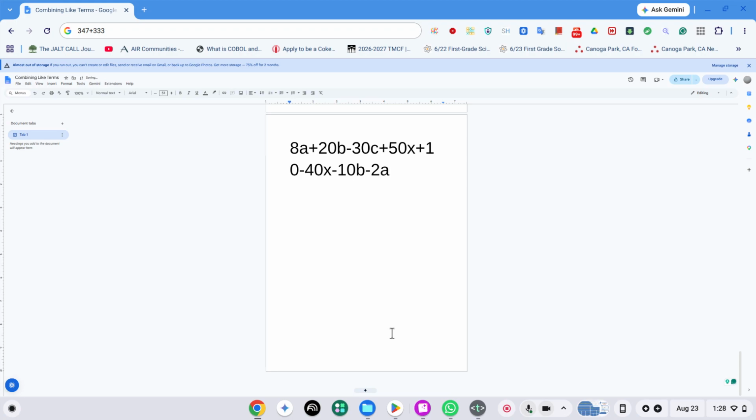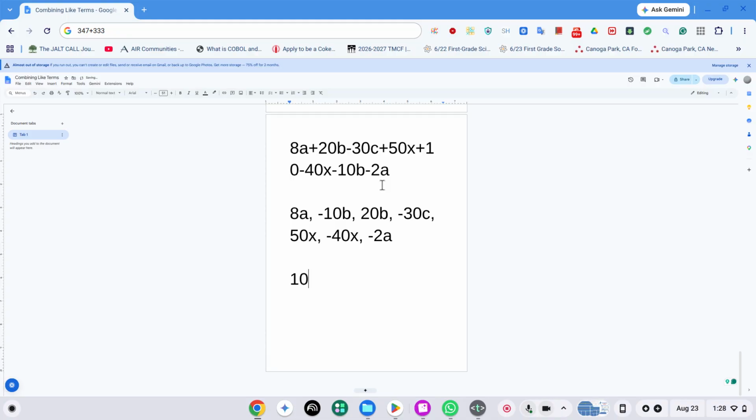So again, let's get our coefficients all in one group, alphabetical order. 8a minus 10b, 20b, minus 30c, 50x minus 40x, minus 2a.